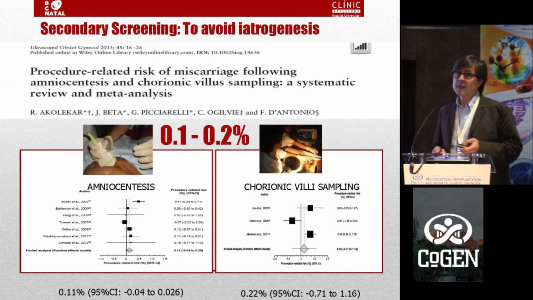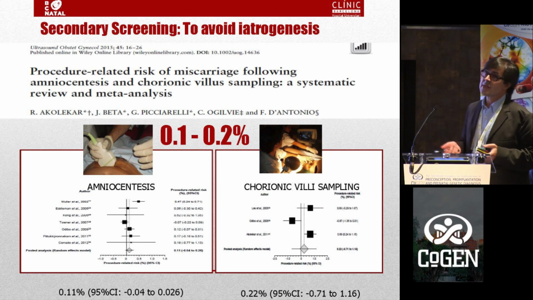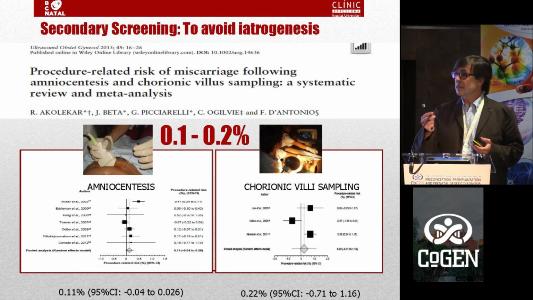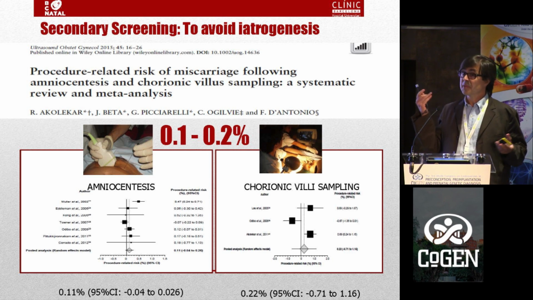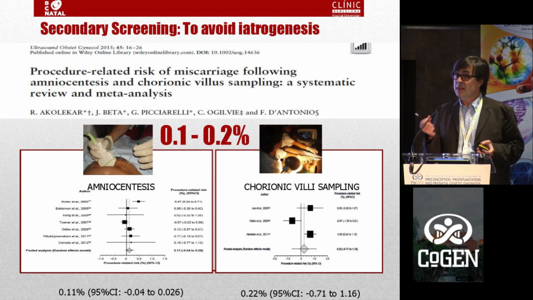As a secondary screening, what is the main advantage? The main advantage is avoiding the iatrogenesis of the invasive procedures. The point is that the iatrogenesis of invasive procedures, in many papers, is quoted as 1%, because this is what happened in the 80s. In the 80s, when you did an amniocentesis, you could hardly see the fetus.